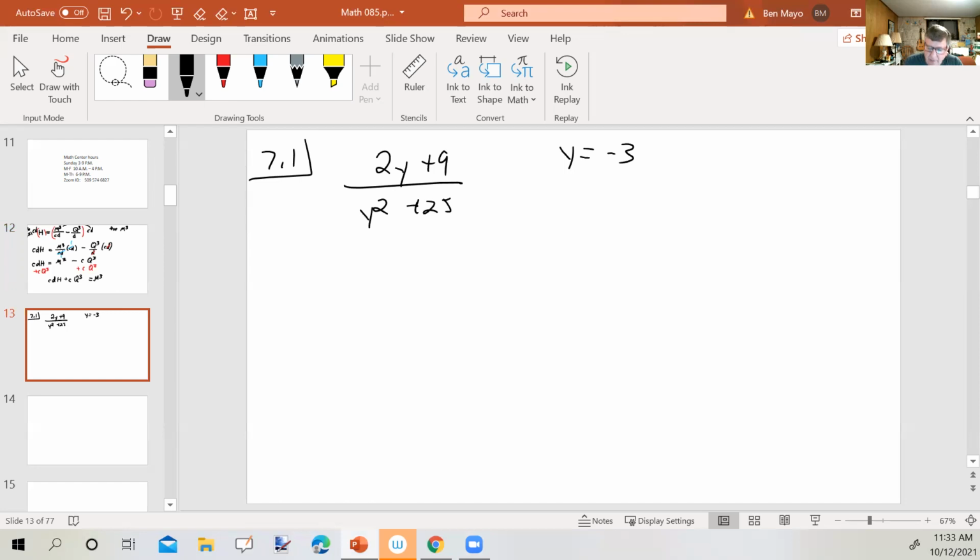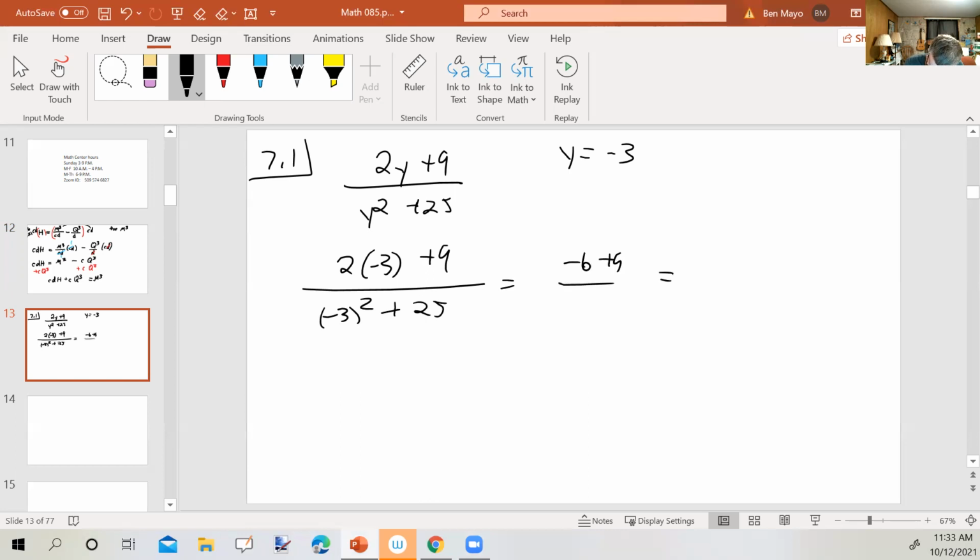So you'd put -3 in the place of y everywhere it appears in the fraction. You'd get 2 times -3 plus 9 over -3 squared plus 25, which is -6 plus 9, which is 3, over 9 plus 25, which is 34. So you get 3 over 34, which does not reduce.